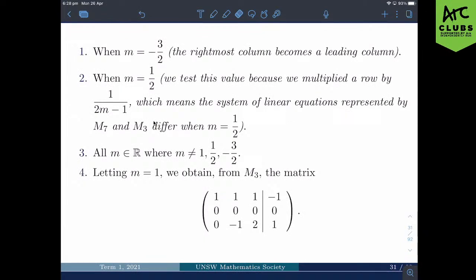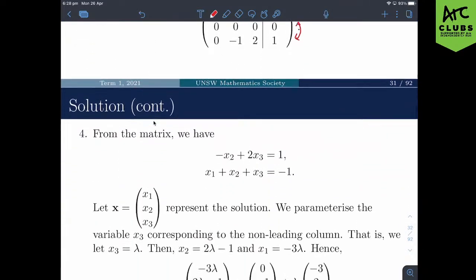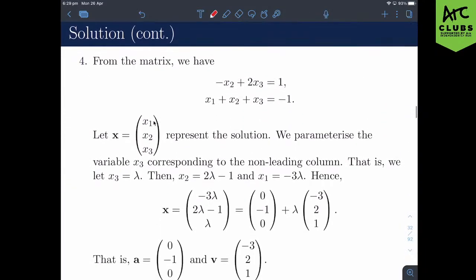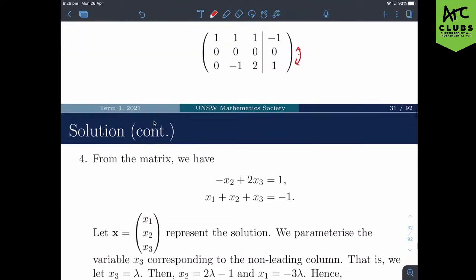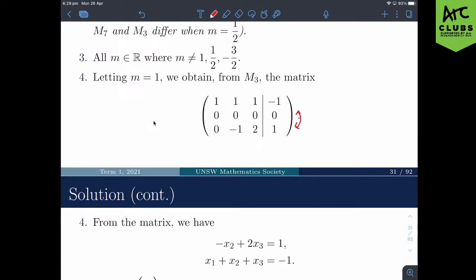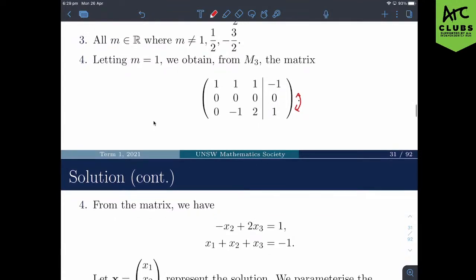And if we switch around these rows, then we get a matrix in row echelon form. And so just by substituting in the coefficients, or rewriting the set of linear equations from this matrix that we have, we get this set of linear equations.